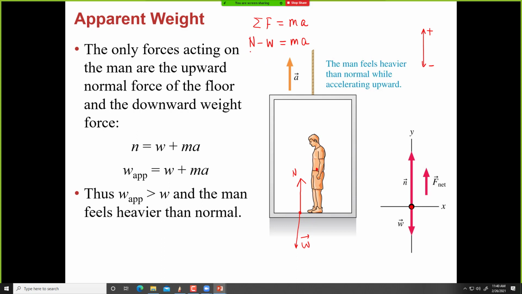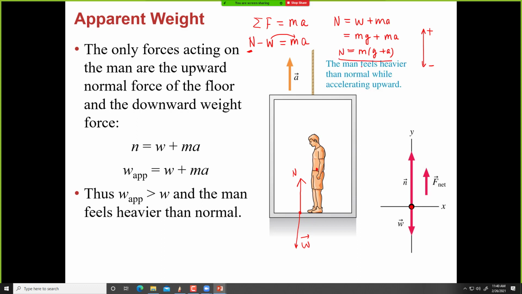So this is the force that gives us the sensation. We want to know how much sensation we feel. So N is equal to weight plus ma. I'm taking the weight to the right, it becomes plus. And we know weight is mass times acceleration due to gravity, plus ma. So m is common to both terms: N = m(g + a).